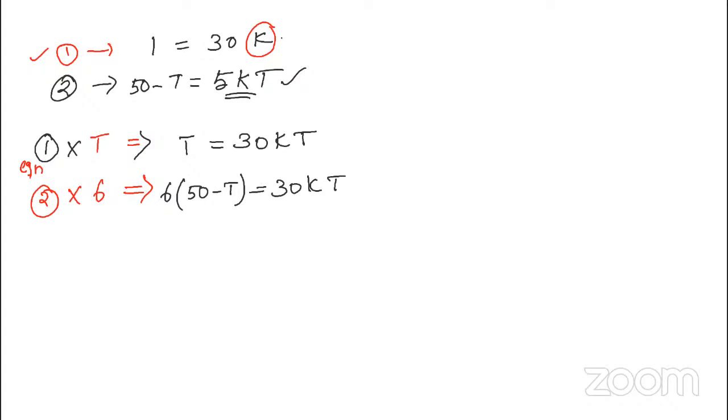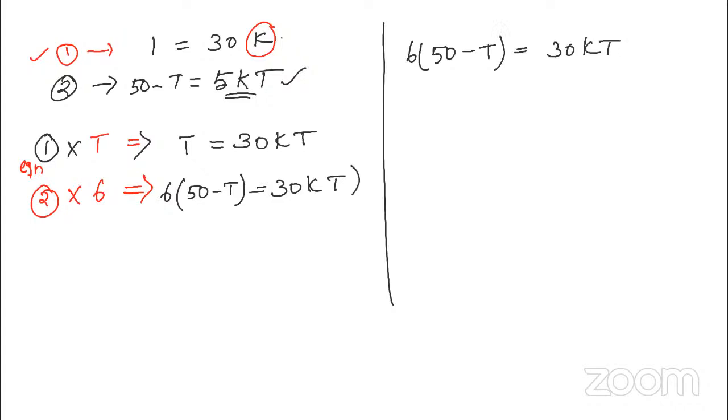Okay, that's it. So we take this one, that is 6 into (50 minus T) is equal to 30 KT, and here it is T, it should be equal to 30 KT.